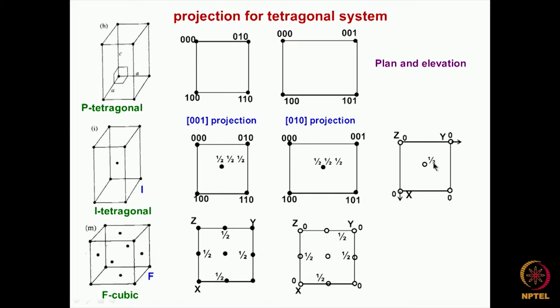What half means is that with respect to this layer, it is at a half position upwards. Okay. This is one way in which it is represented. Especially when we have a glide axis and screw axis coming into the picture, we find that atoms are shifted from one plane to another position. Then this sort of representation has to be used to represent them.